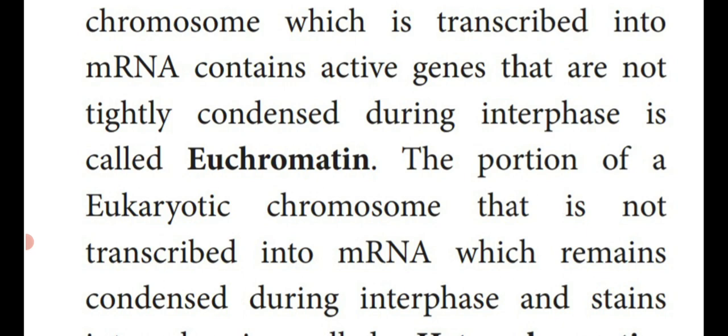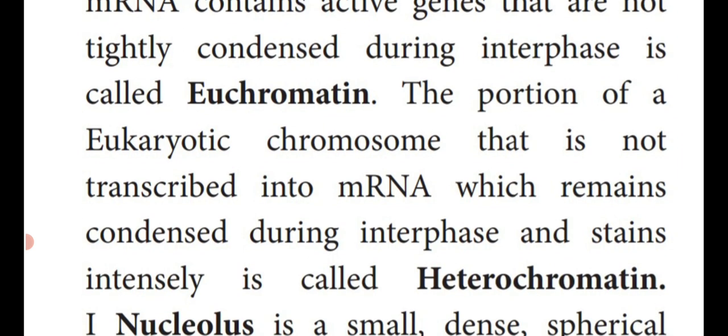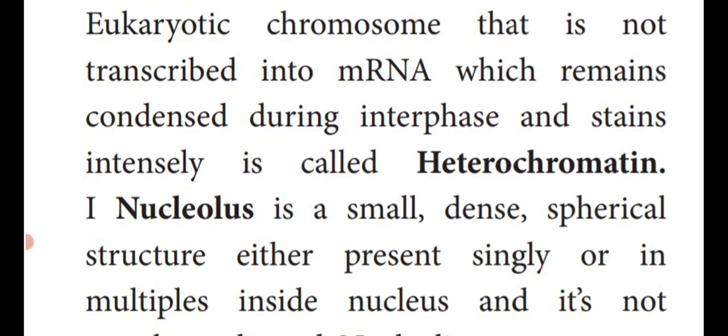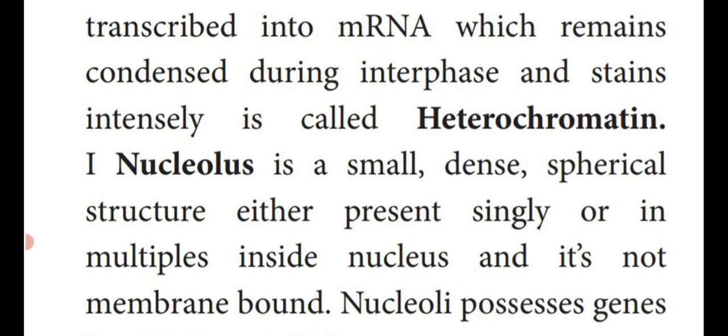But the portion of the eukaryotic chromosome that is not transcribed into mRNA, which remains condensed, that means shortened, during interphase and stains intensely, is called heterochromatin. Due to the condensed form of chromatin reticulum, it contains the colored portion. Stains means colored portion. That region is called heterochromatin.